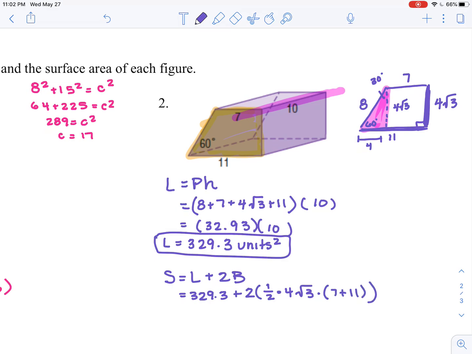So that would be 7 and 11. Okay, if I multiply that out, the two bases together have a total area of 124.7, which makes our total surface area 454. Now that's rounded, so I'm putting the 0.0 square units.